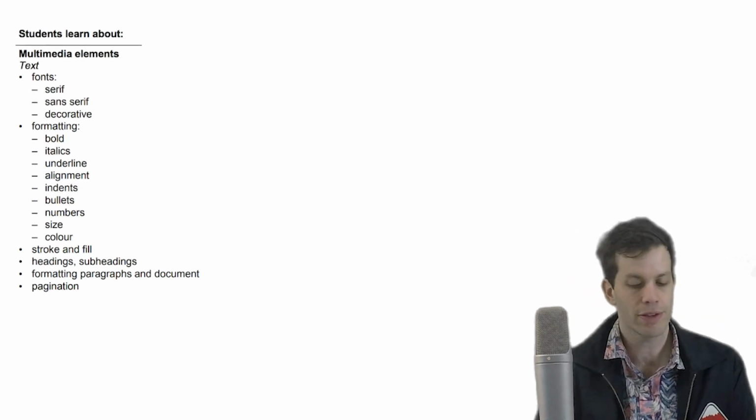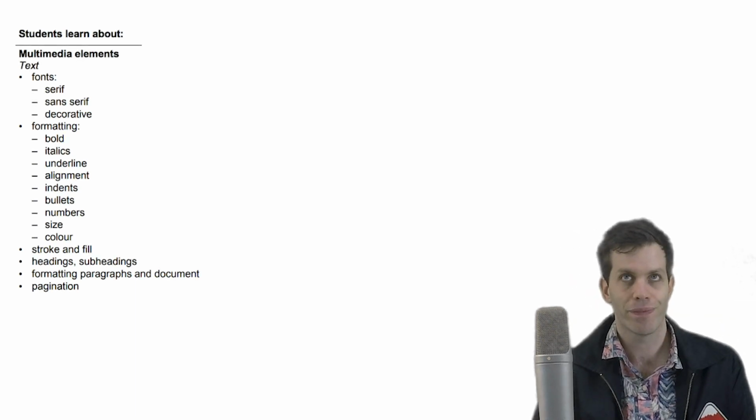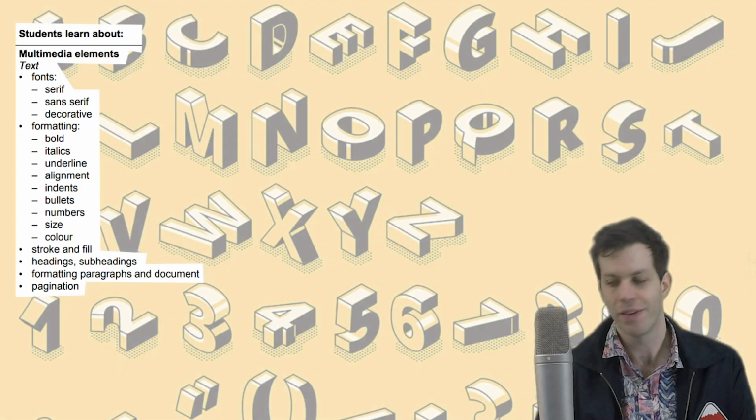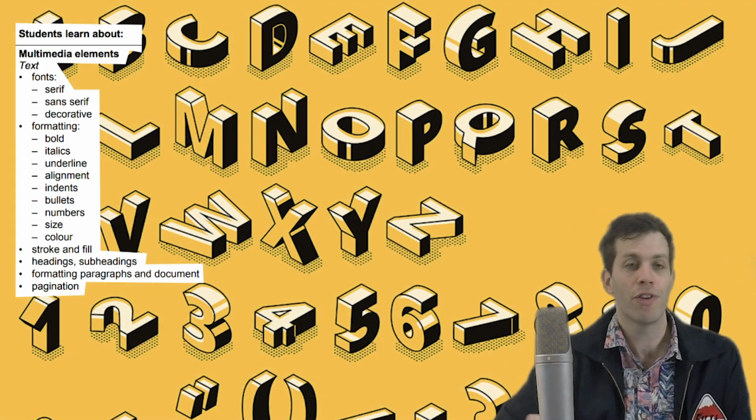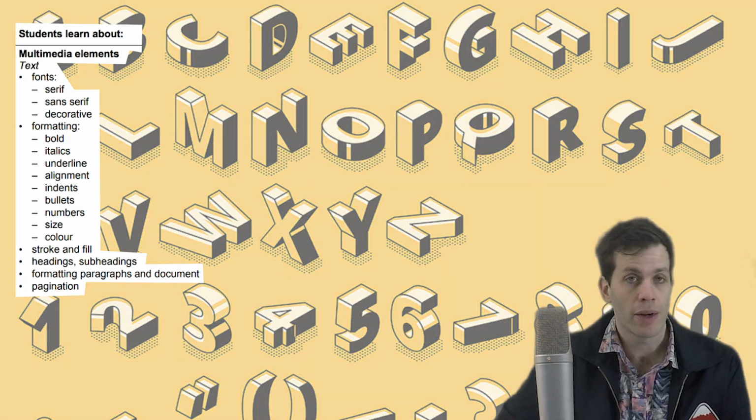So fonts are, well, I mean, you guys should know how to use fonts. You've used a word processor before, and that is basically what we're working with here. Fonts are a glyph or a picture that we use to represent a particular character in a language. So, for example, the letter A in most Western languages is the same.